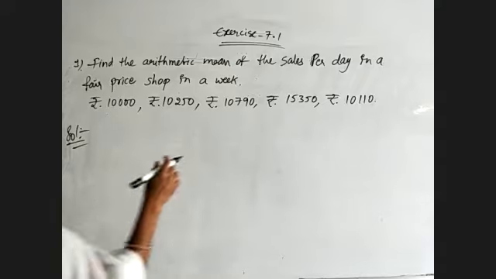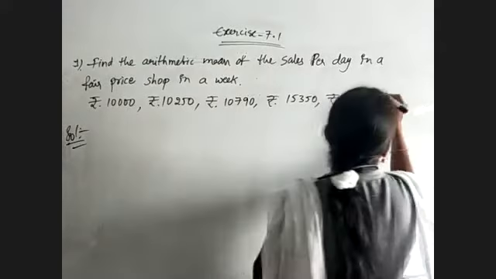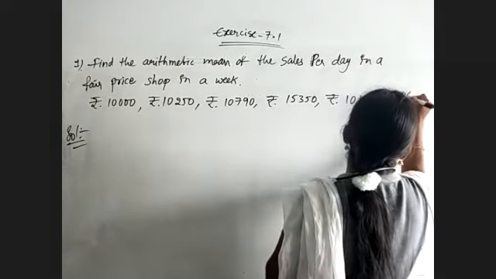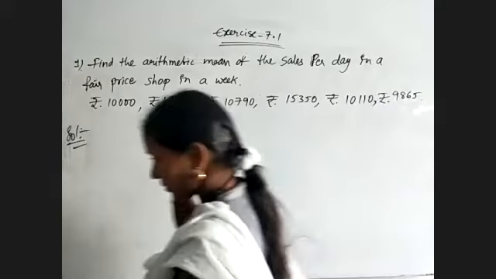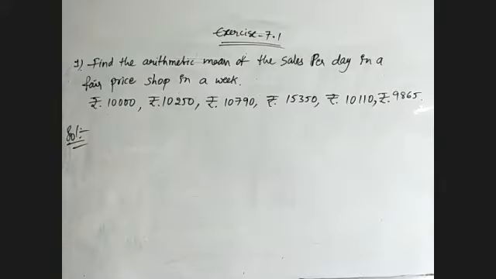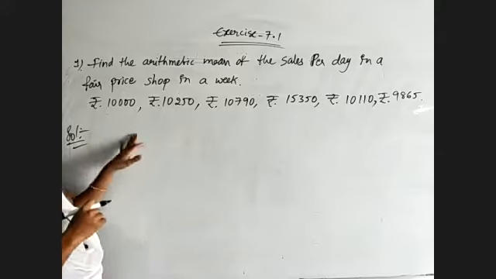So one more observation is this, 9,865. Total 6 observations are given. So now we need to find out the arithmetic mean.